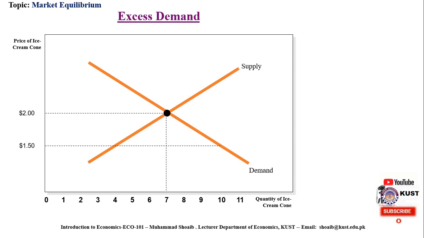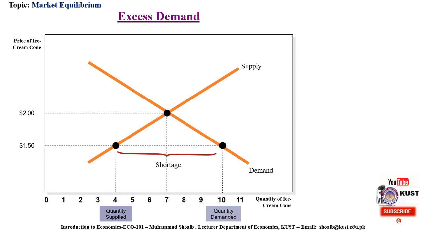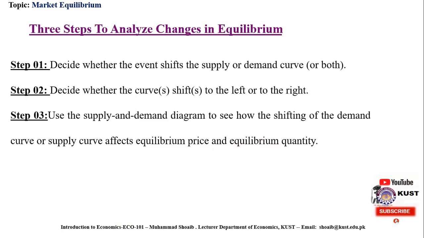So if the price of the commodity is $1.5, lower than the equilibrium price, at the lower price fewer suppliers are willing to supply their commodity, while more people are willing to buy the commodity. So what will happen? A shortage will be created. Too few commodities are being chased by too many buyers. There are many buyers who want the commodity.